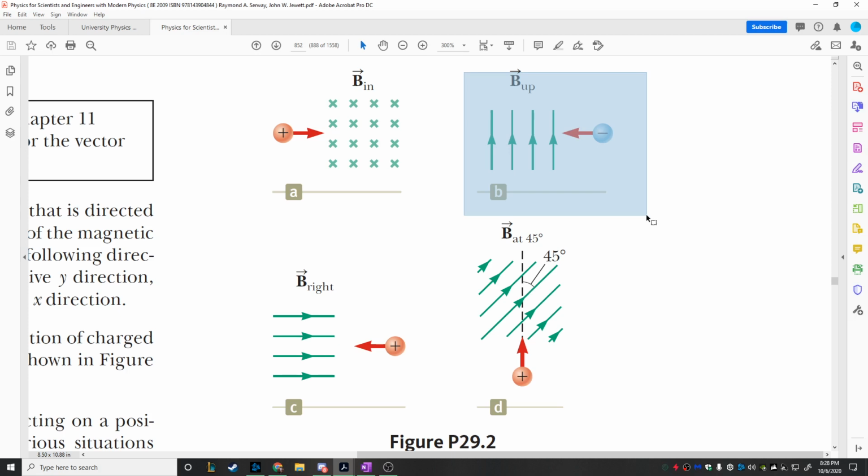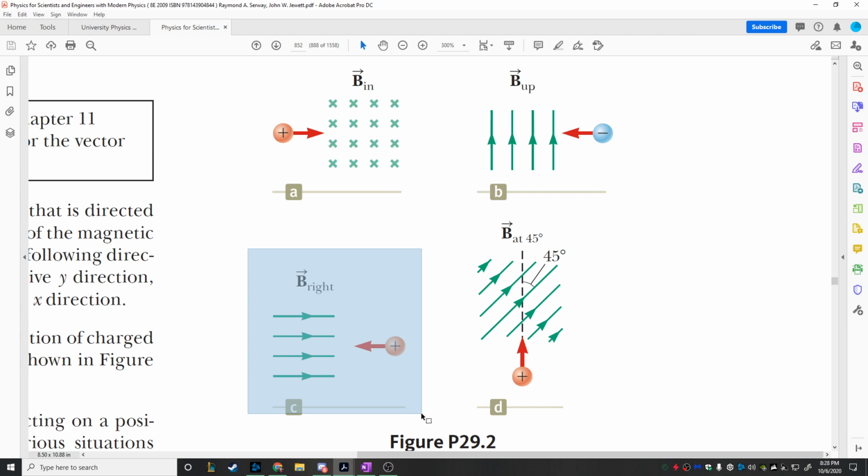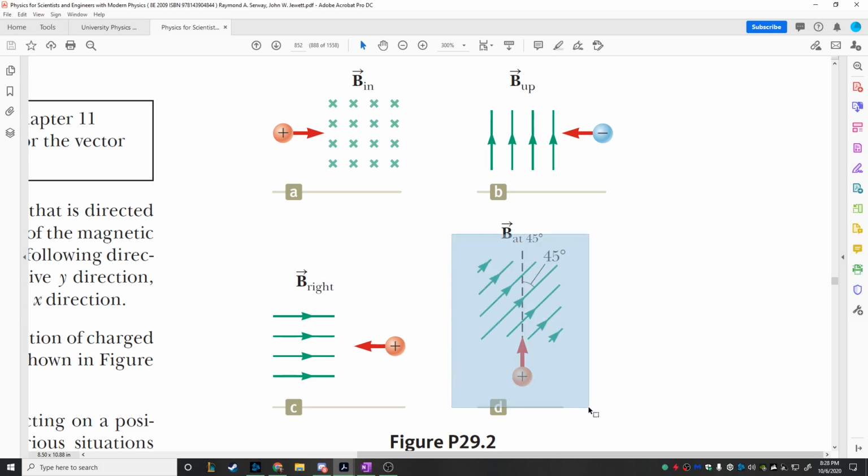Do you understand? So B is out. Yeah, it's a negatively charged particle. What's the answer for this one? Did 0? Yep, a lot of people got that right. The answer for this one is 0. And then for this one, you point the fingers of your right hand upwards.